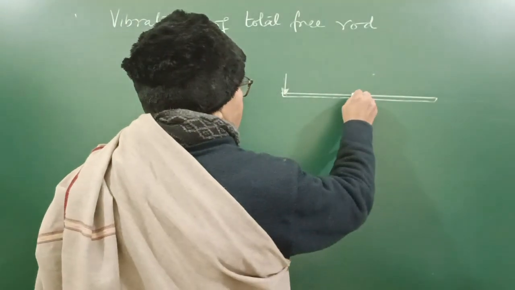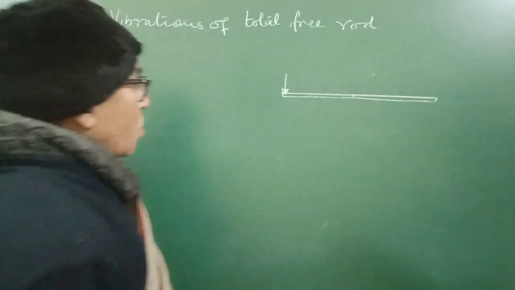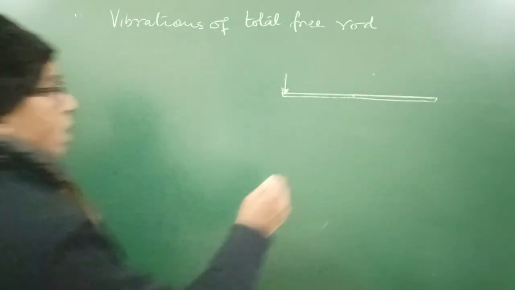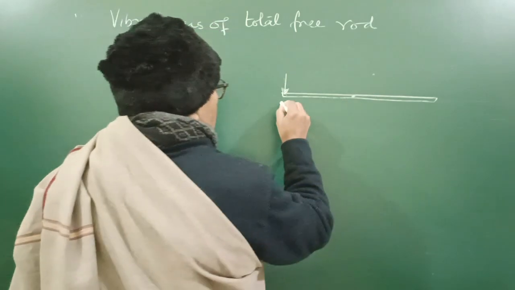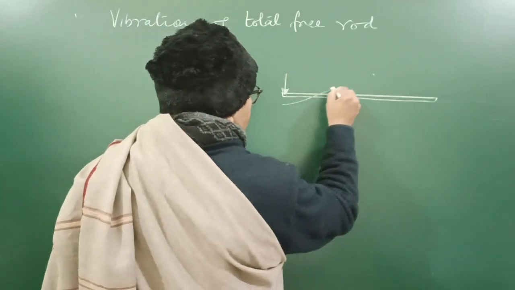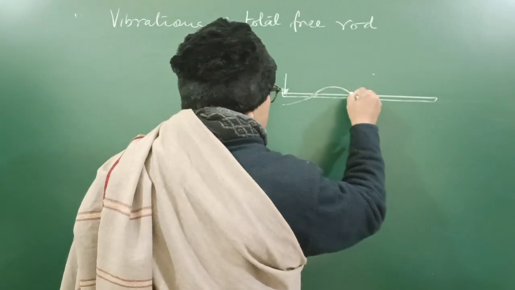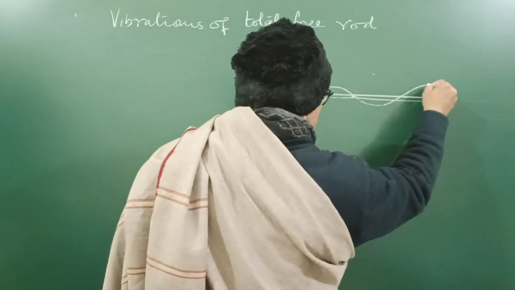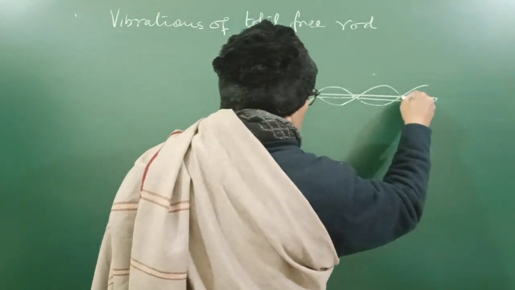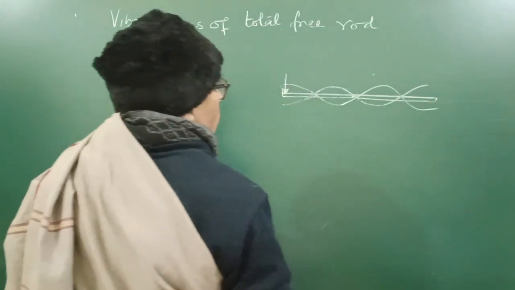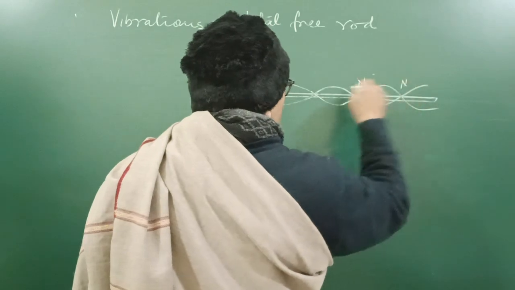Now its center is also free. This is also free. So the center will also act as antinode. So the vibration of this may be represented like this. One node here, and here node and here node.